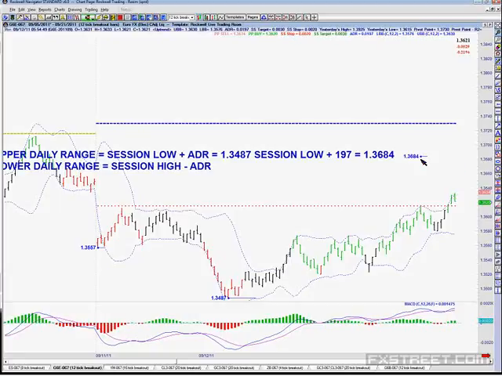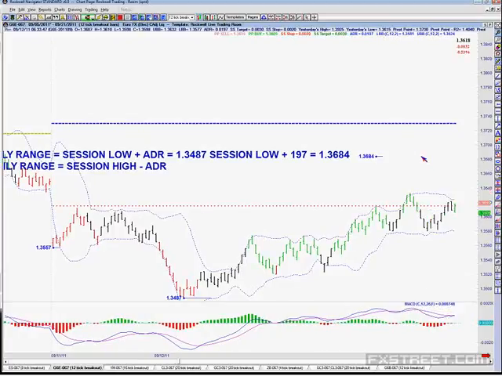But if I'm looking for a nice move up here, the closer we get to this level, I'm thinking, gosh, we've pretty much exhausted the average move that we can expect. So instead of looking for long opportunities, I'd be looking for short opportunities, or I'd be looking for long opportunities on the way up to that level.